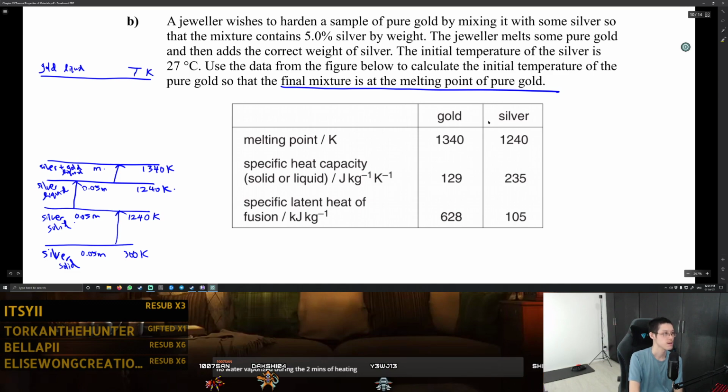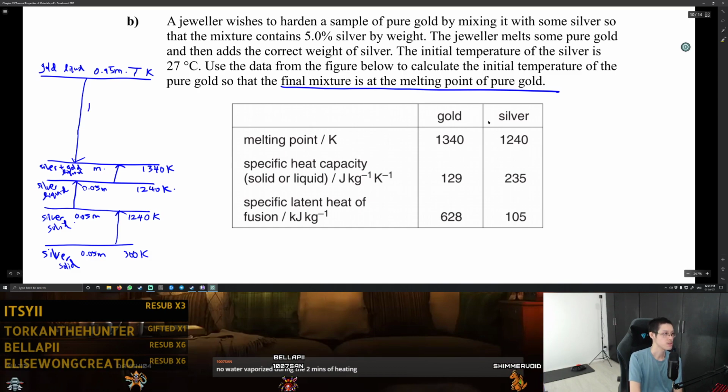All right. And then it has a mass of 0.95 M, 95% of the final mixture. And then we're going to have to decrease this to 1340 kelvins. Okay, that's it. So we're done.